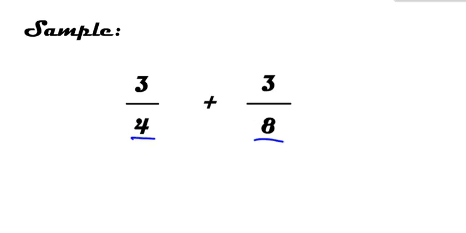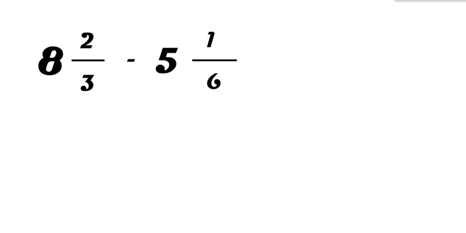So find a common denominator by using the least common multiple, and from there you can solve. Alright, I'll let you do the addition alone, but we can kind of check our ideas by working with some subtraction together.